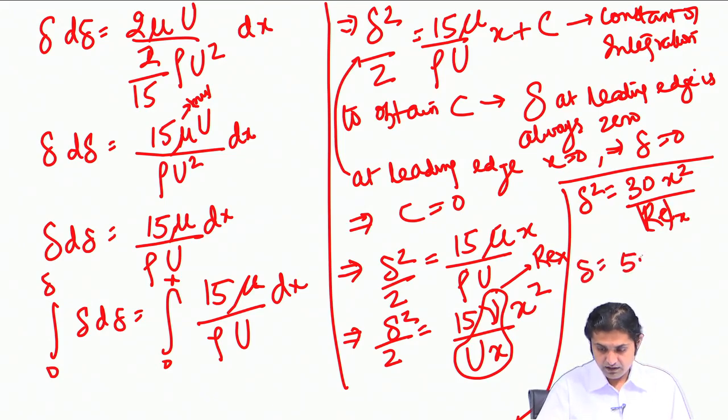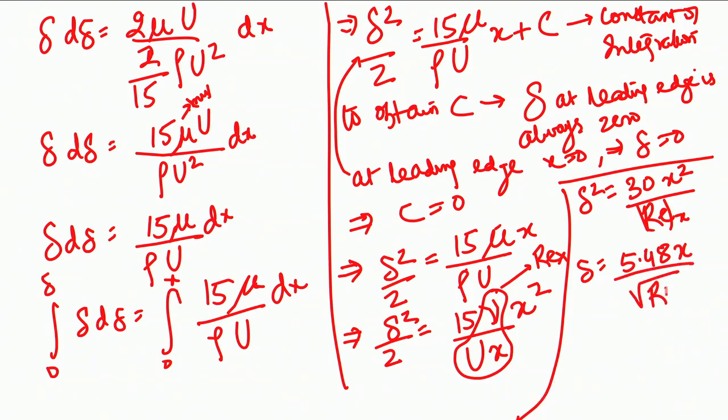So 30 when done under root becomes 5.48x divided by under root Re_x. All right, so this is our first answer, boundary layer thickness. Now the second part, I will erase all ink.